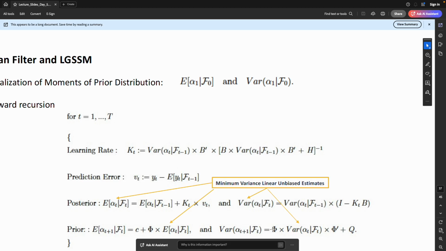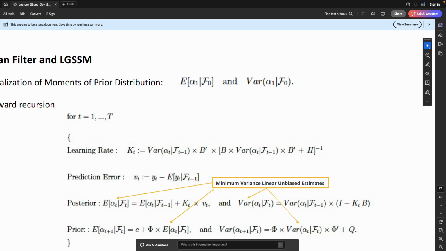I have alpha t plus 1 equals c plus phi alpha t plus eta t plus 1. So just take what you want. And what do I want? I want the variance of alpha t plus 1 conditional on ft, forward looking.